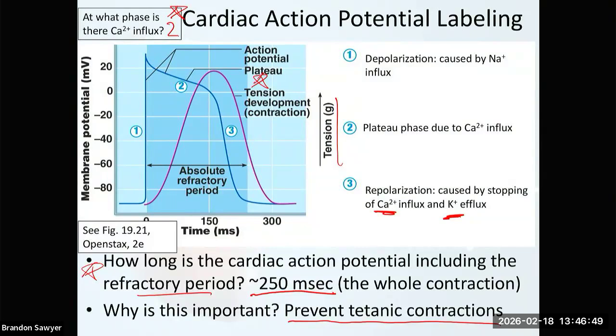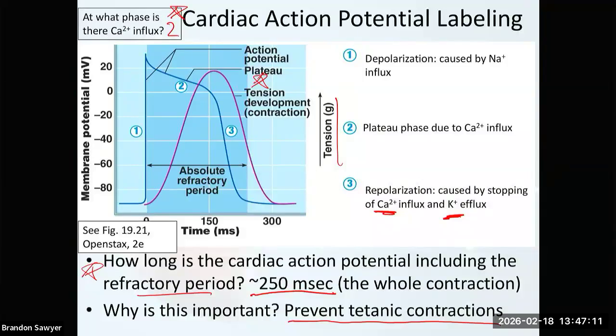And so electrically, a positively charged ion going into the cell is what's keeping it depolarized. So it's keeping it up there as far as just the voltage. That's one job that calcium is doing, but that's not the one that's related to tension. The one that's related to tension is what calcium does when it gets in there.